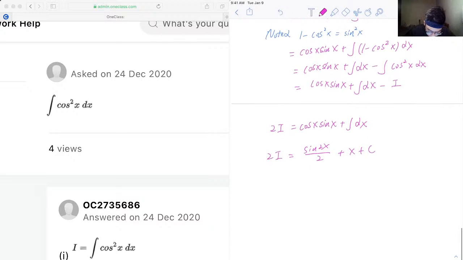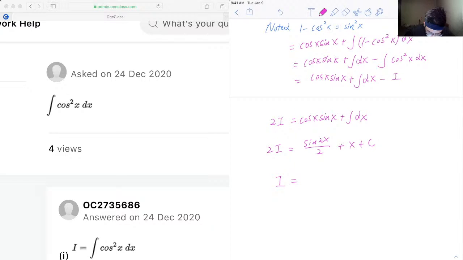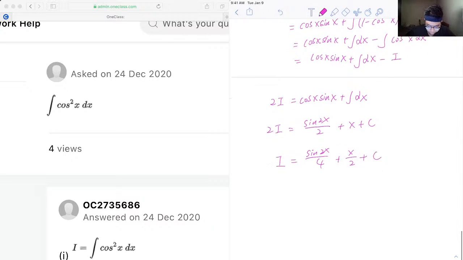And we times 1 over 2 for both left hand side and right hand side. We have I is equal to sine 2x over 4 plus x over 2 plus c.